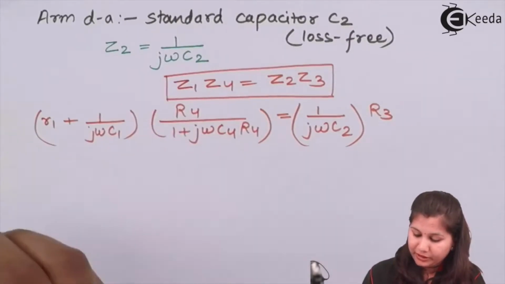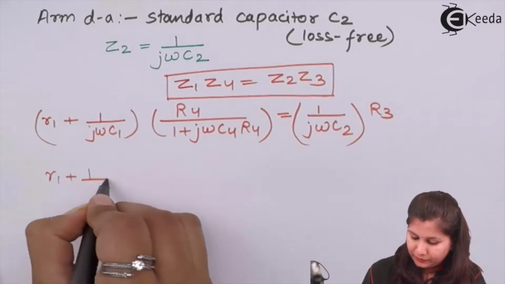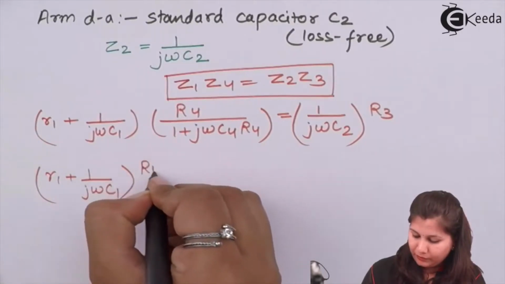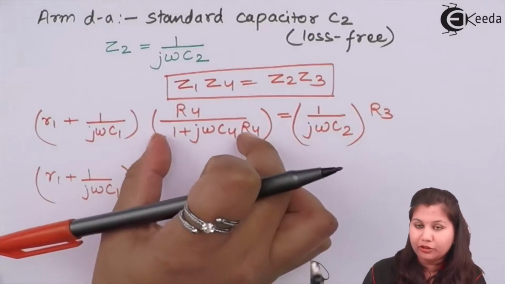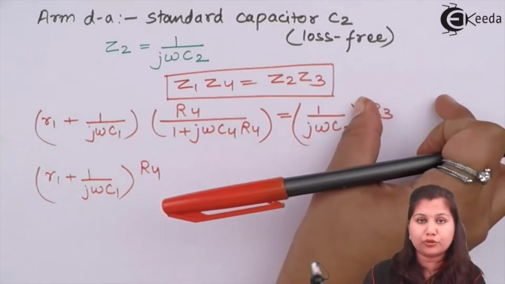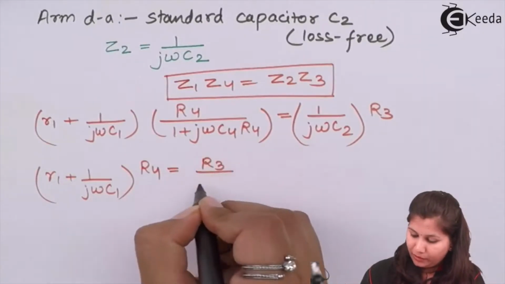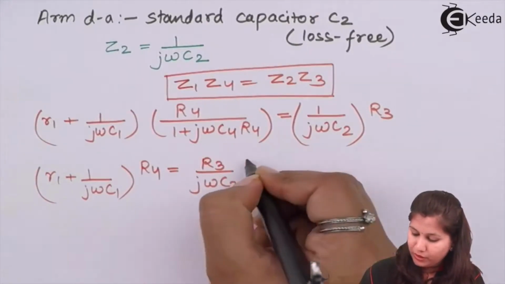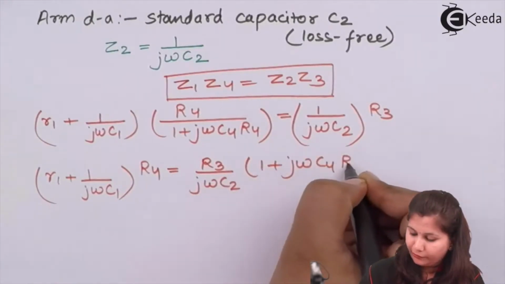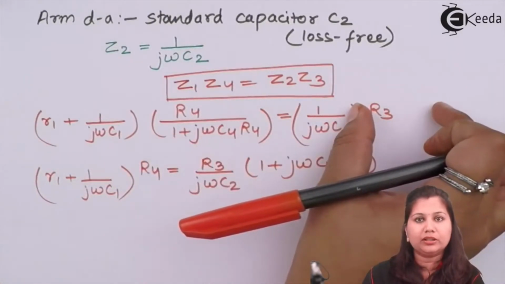If we bring the denominator part, that is 1 plus j omega C4 R4, to the right hand side, it will be R3 upon j omega C2 multiplied with 1 plus j omega C4 R4.